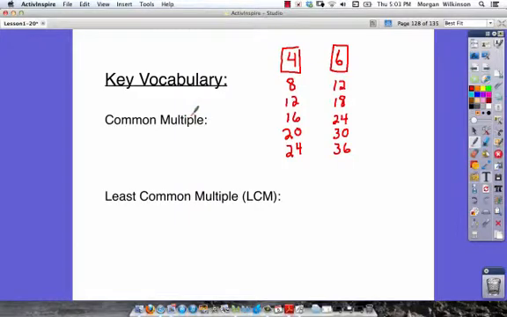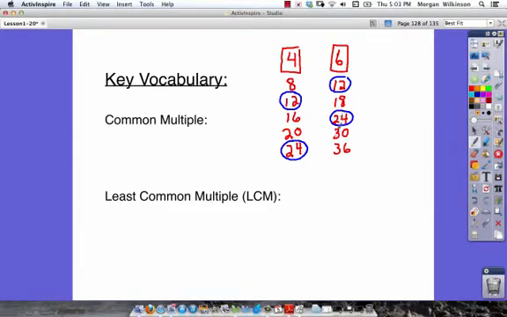Now, common multiples just means what do these have in common? They both have a 12, so 12 is a common multiple of 4 and 6. They both have a 24, so those are common multiples of 4 and 6.